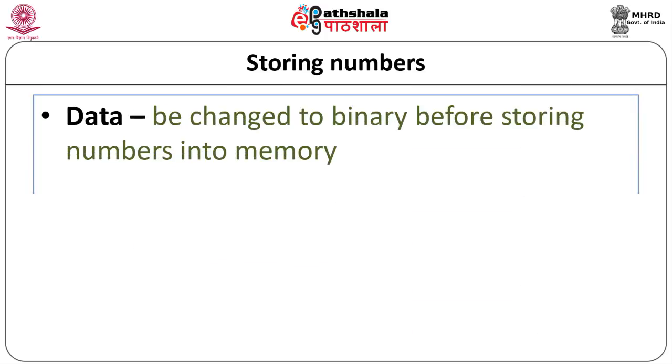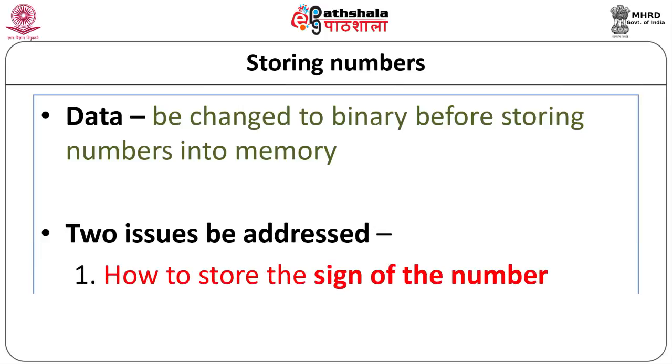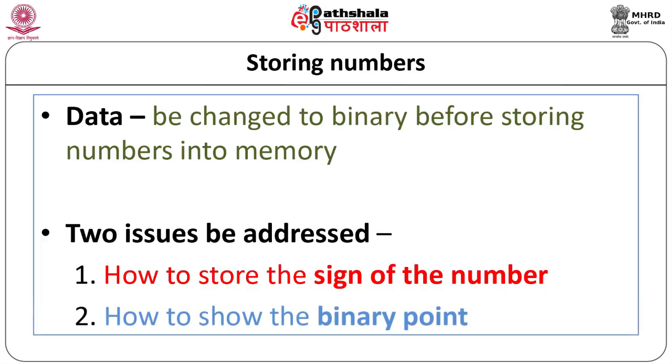Data must be changed to the binary system before being stored into computer memory. However, there are still two issues that need to be handled: first, how to store the sign of the number, and second, how to show the binary point.